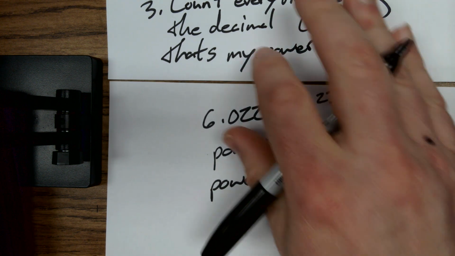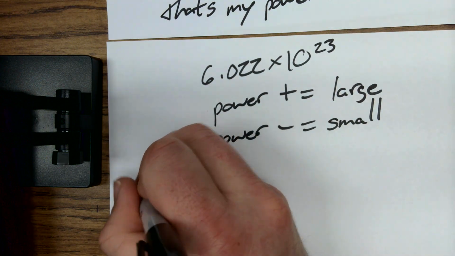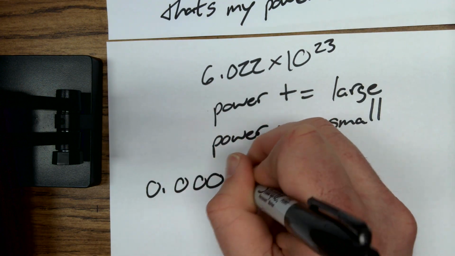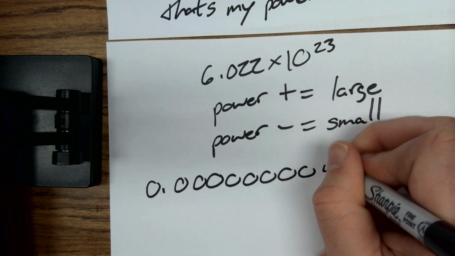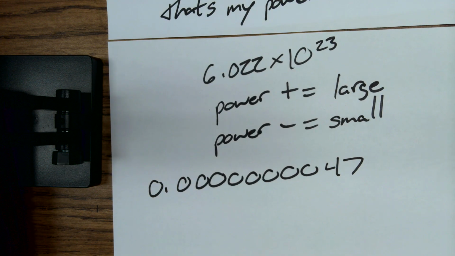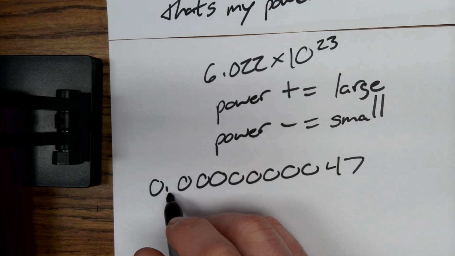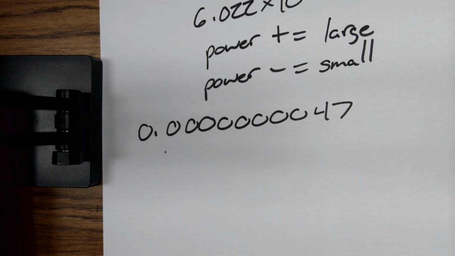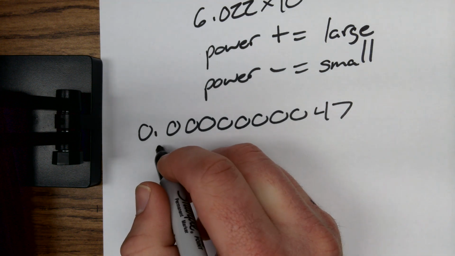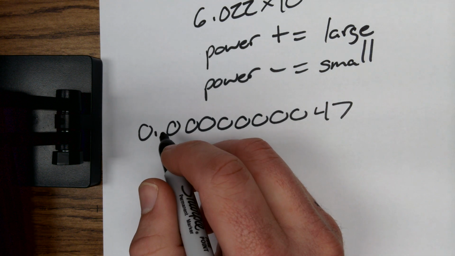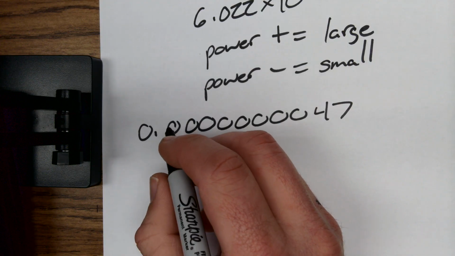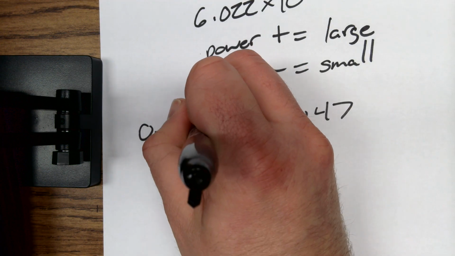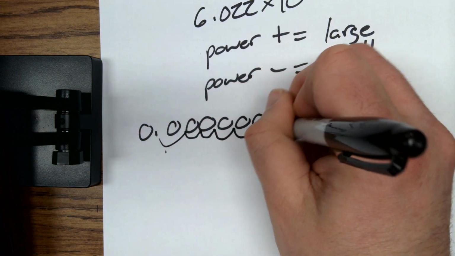So let's do another one. Let's do a very small number: 0.000000047. First thing I want to do is do what, guys? Find my decimal place, right? Boom, decimal place. Next thing I want to do to that decimal place is move it, right? 1, 2, 3, 4, 5, 6, 7, 8.